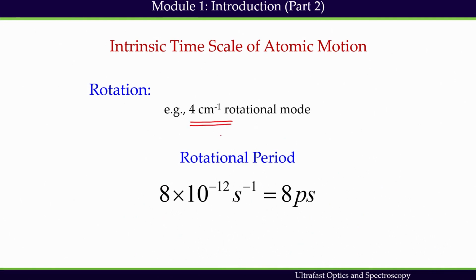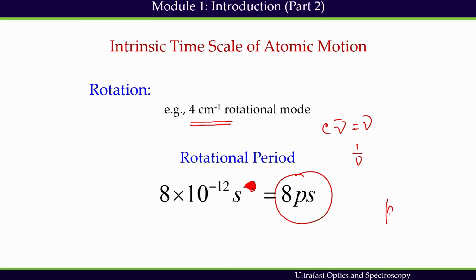If we have 4 wave number, very easily I'll be able to convert it to its frequency, and from frequency I'll be able to get the time period. The time period we get is 8 picosecond. Which means if I want to monitor how a molecule is rotating, then I need a picosecond time scale, a picosecond flash of light.